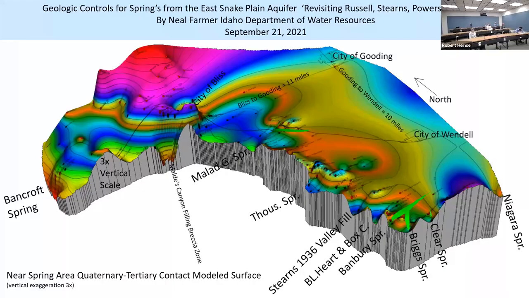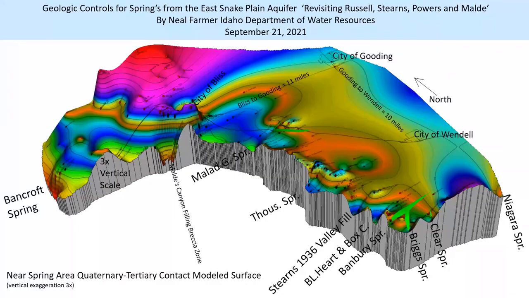Hi, my name's Neal. I have a question just out of curiosity. Reading into your background, it looked like you had a lot of experience with paleontology research, and I was wondering what steered you toward a career in hydrology with the Idaho Department of Water Resources instead of paleontology. That's a good question.